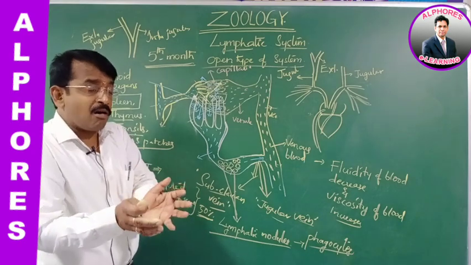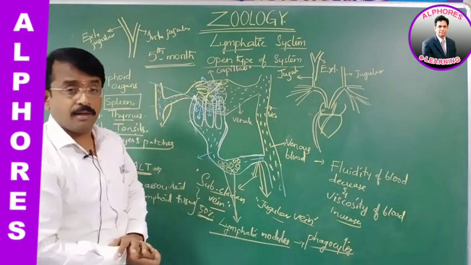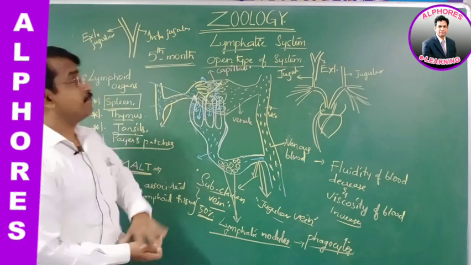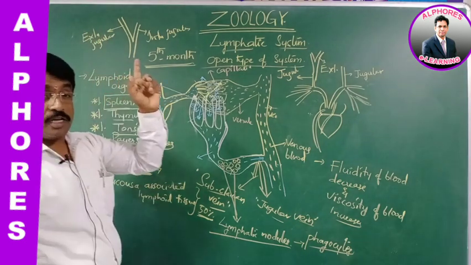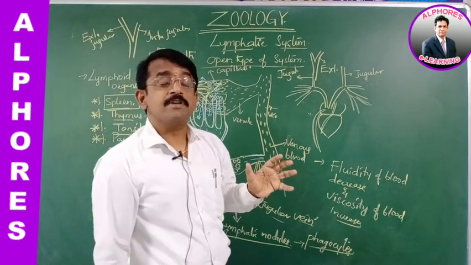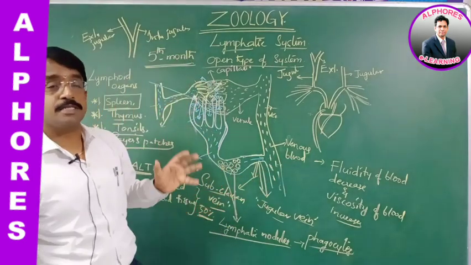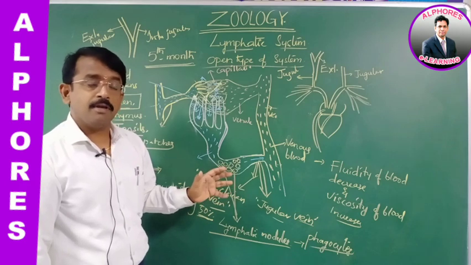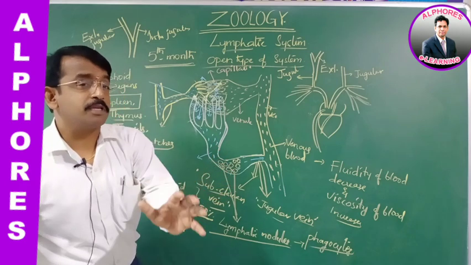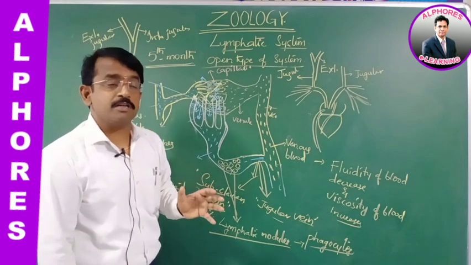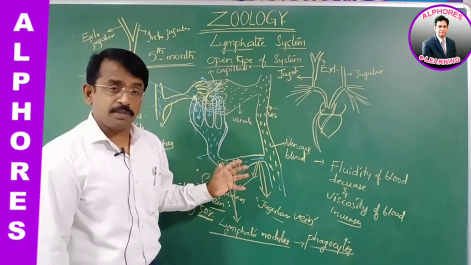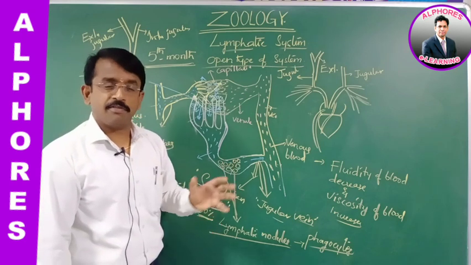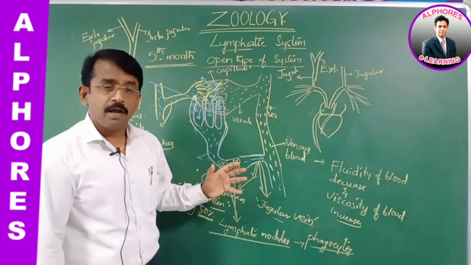However, all these are also part of the blood. But do you find differences? Definitely. What differences? Blood is red in color, lymph is colorless. Blood is with RBC, but lymph is without RBC. Make a note, these are differences. That's the reason why it is colorless.